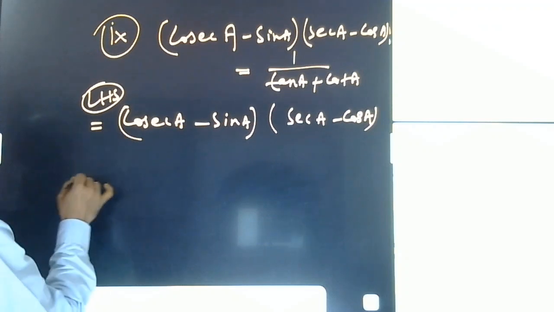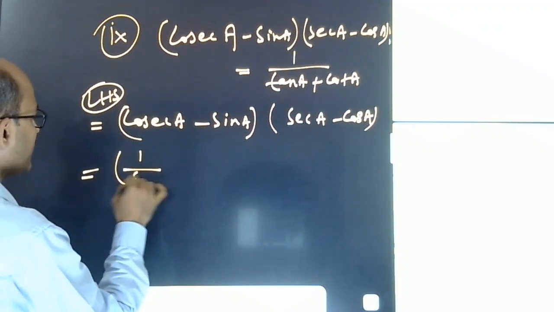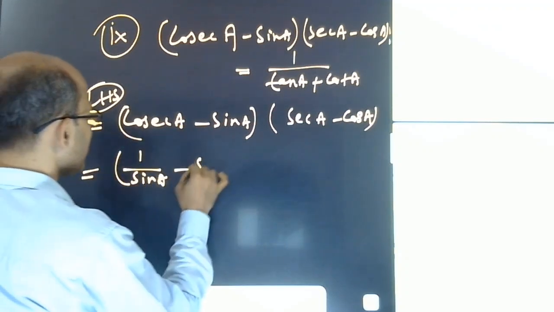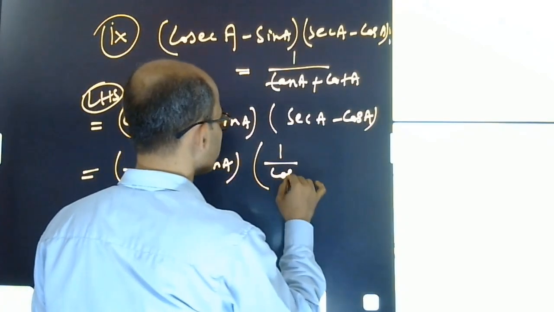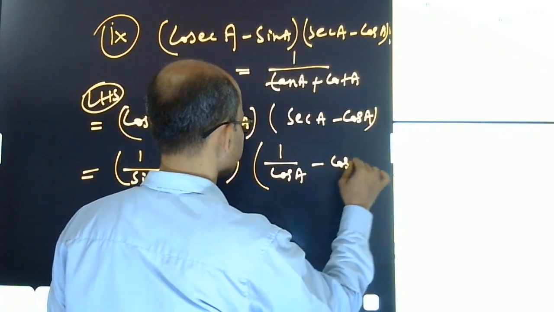So you can do one thing: (1 by sin A minus sin A) into (1 by cos A minus cos A).